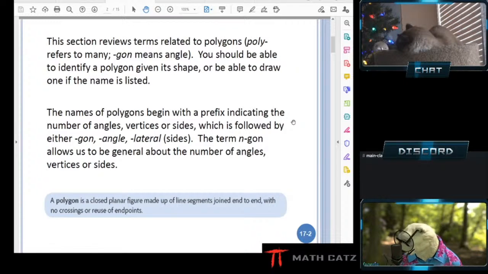Of course, they don't know. So they were naming things as they saw fit at the time. So often you see different prefixes, different little pieces making up the name of a polygon. Sometimes it's the word gon, sometimes it's angle, sometimes it's lateral, meaning sides.